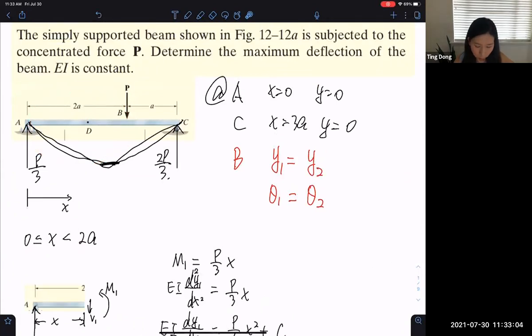We know that for any point from BC, the slope is always greater than 0. It's impossible you can find a slope equal to 0 here. So you cannot.